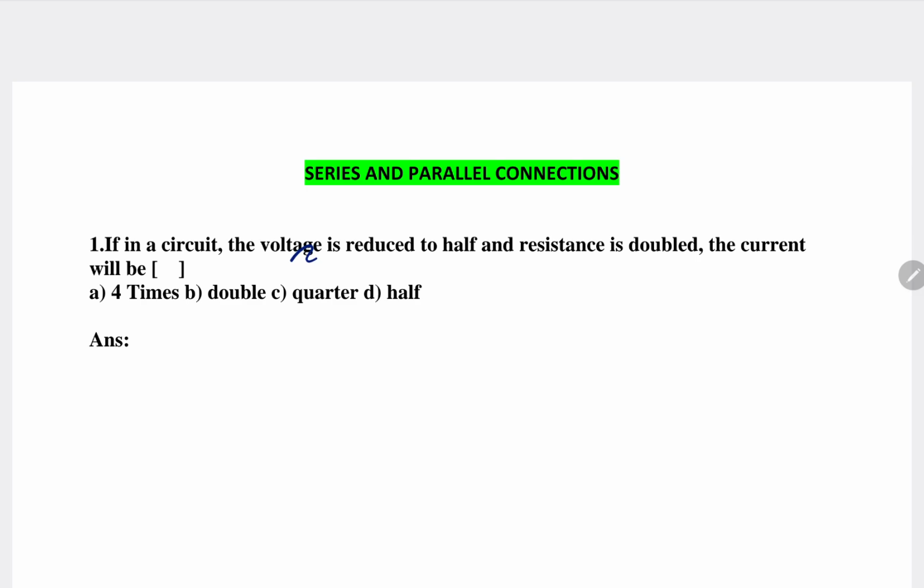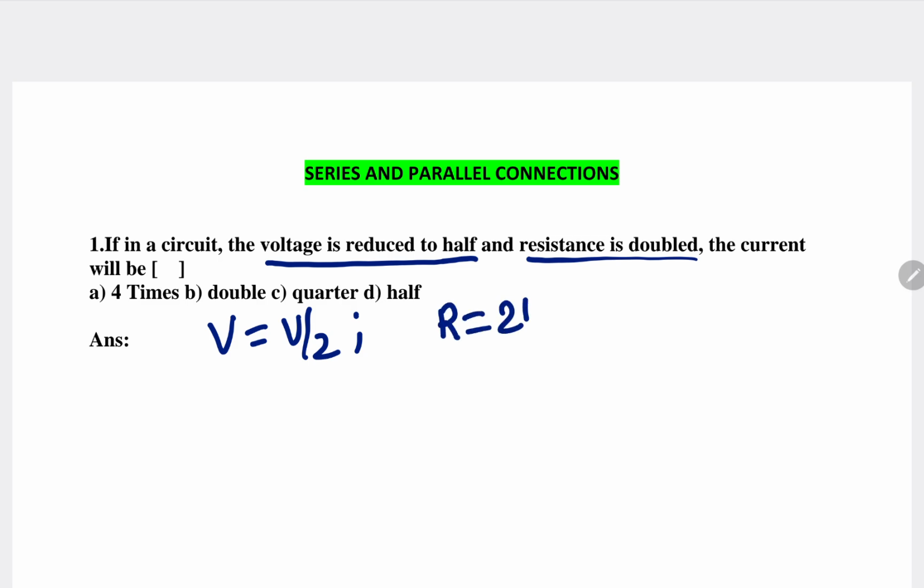If in a circuit the voltage is reduced to half, so voltage V becomes V by 2, and resistance is doubled, so resistance R becomes 2R, then what will the current I be? What is the relation between current, voltage and resistance?